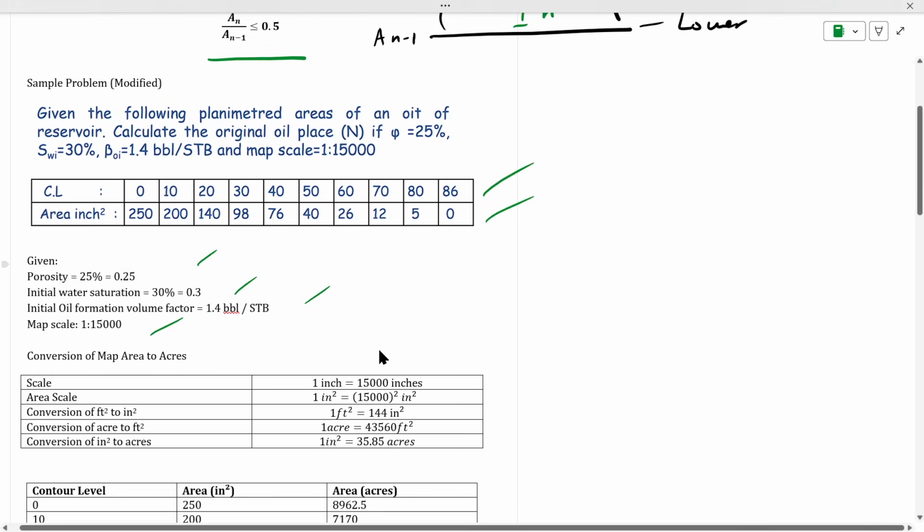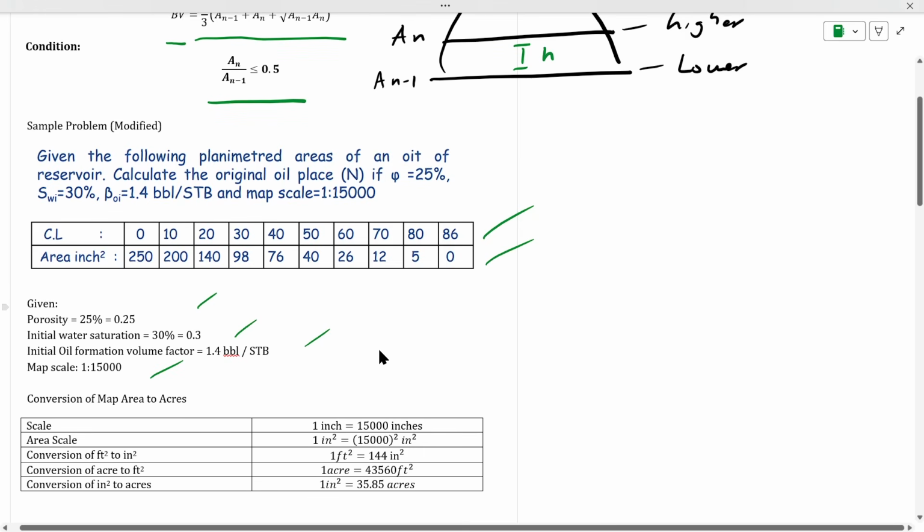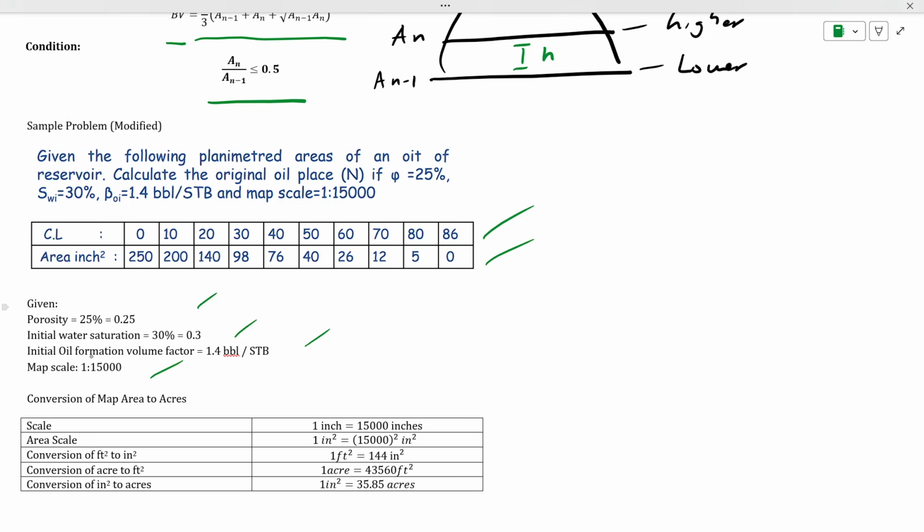As usual, the first step here is to analyze the given data. So we already have the given data. And then consider the conversion factor that is provided. I already provided the conversion factor of inches squared to acres.